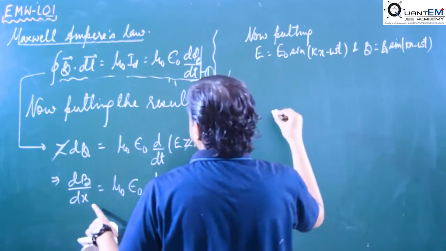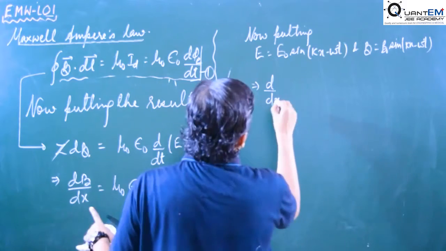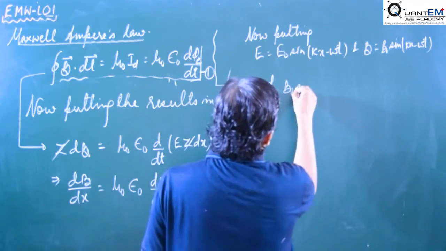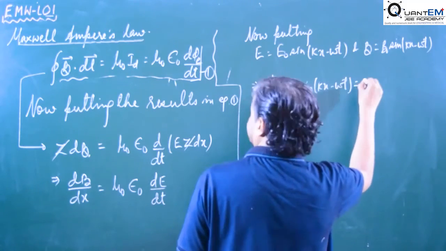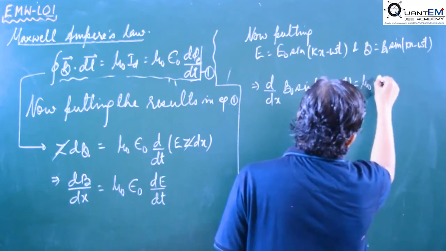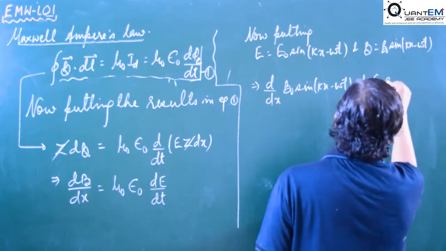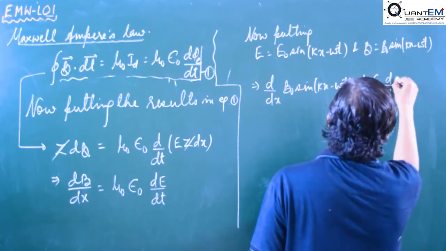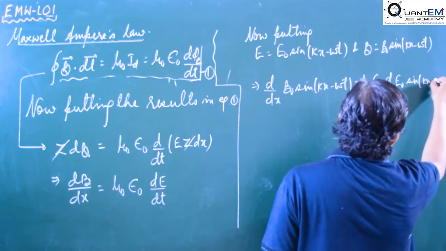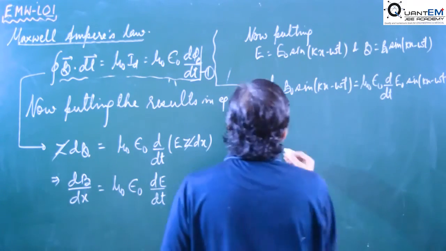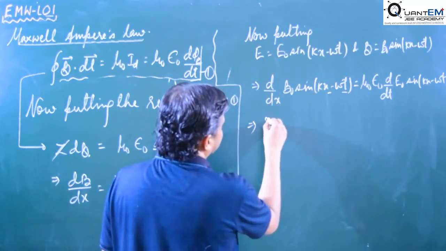So what we get? d by dx of B naught sine of kx minus omega t is equal to mu naught epsilon naught and d by dt of E naught sine of kx minus omega t.